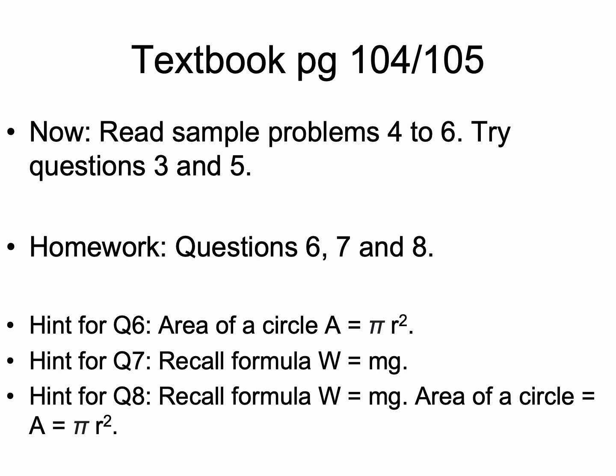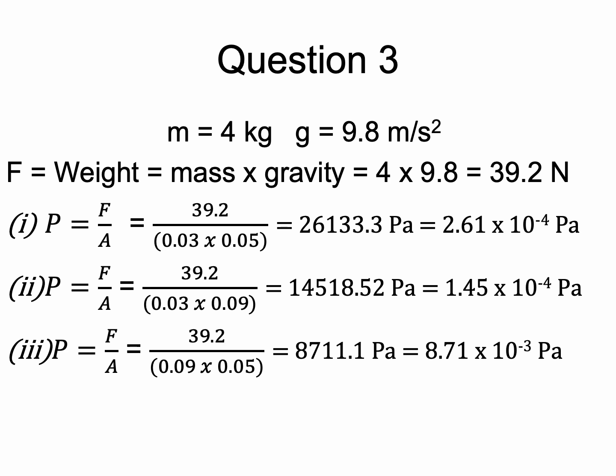Okay class, we'll go through the solutions to question 3 and question 5 now. Question 3 was very similar to the sample problem we looked at a few minutes ago, where we had a block sitting on the surface of a table and you were asked to calculate the pressure on the table caused by the block if it was on side A, side B and side C. They told us the mass of the block was 4 kilograms and gave us acceleration due to gravity as 9.8 meters per second squared.